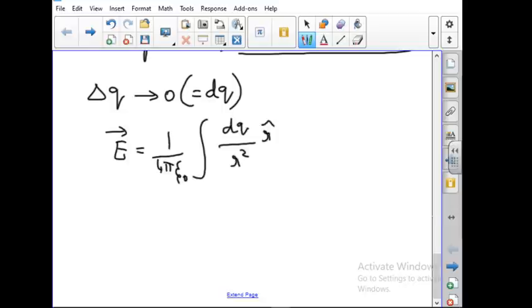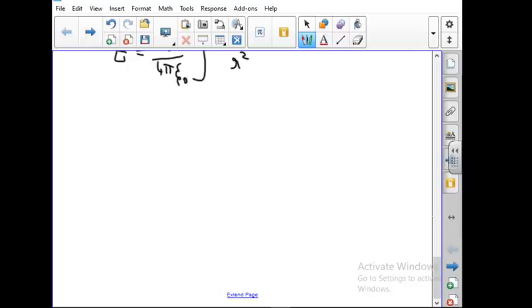If the charge is uniformly distributed along a wire of length L, we are going to study the specific conditions.